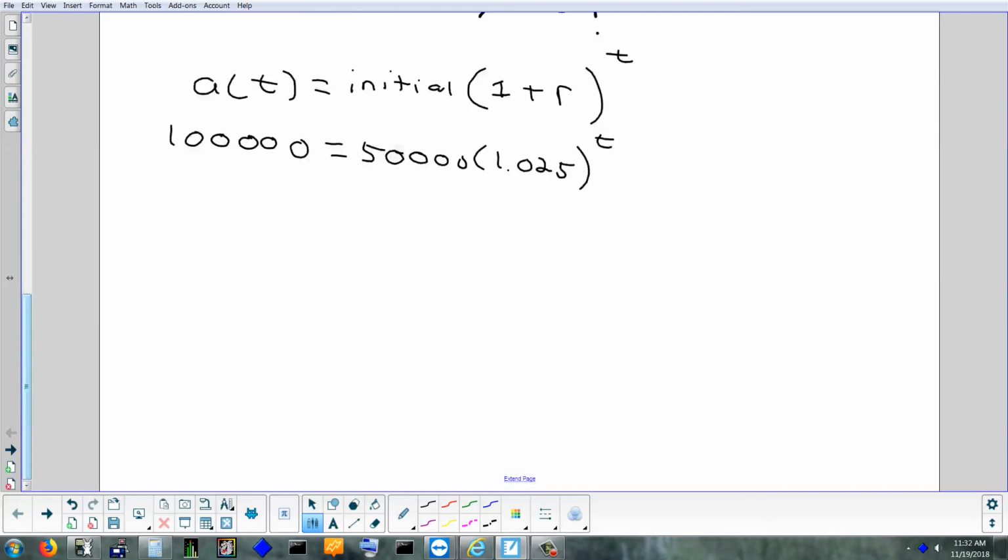I can't do that directly yet, but there is something I can move away from the right-hand side over to the left. Does anyone see the 50,000? How would you move it? If there was an addition sign right there, then you would subtract, which I can't get rid of now.